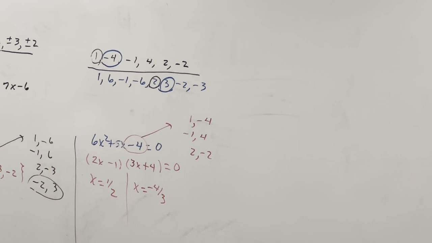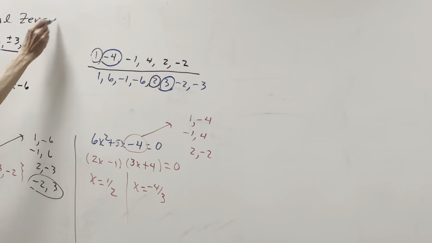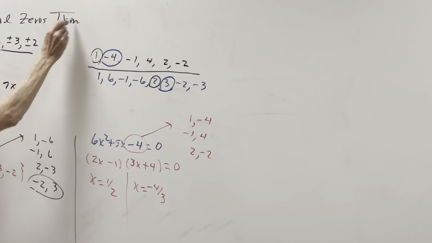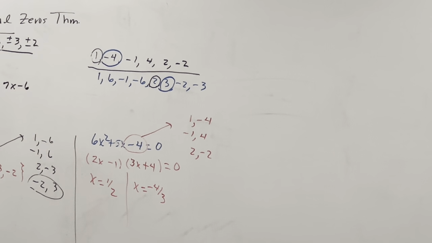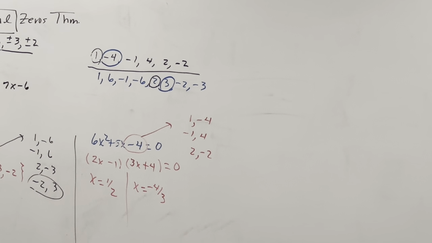Okay, so they call this, we're going to start using something called the rational zeros theorem. That'll be on that handout when you get it. There's the word. That's why your book chose P over Q. They could have chosen A over B for the ratio.